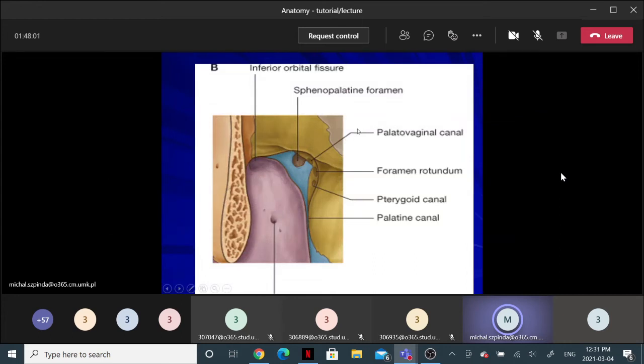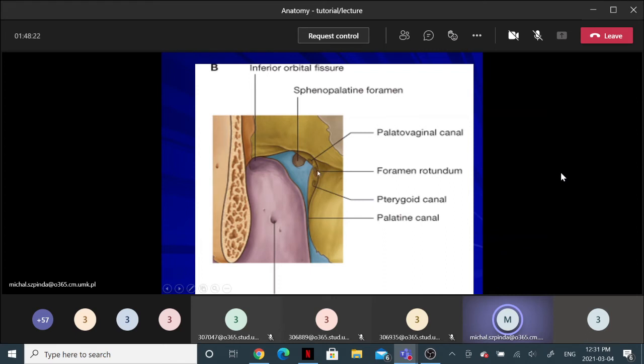It's the so-called nasopharyngeal meatus. Apart from this, just here is the foramen rotundum.